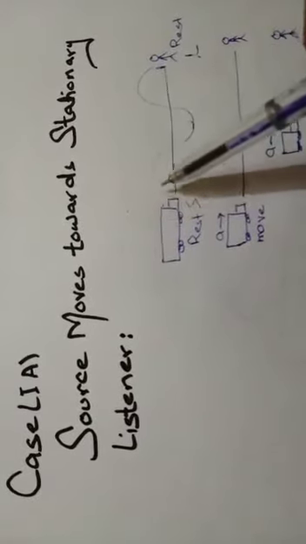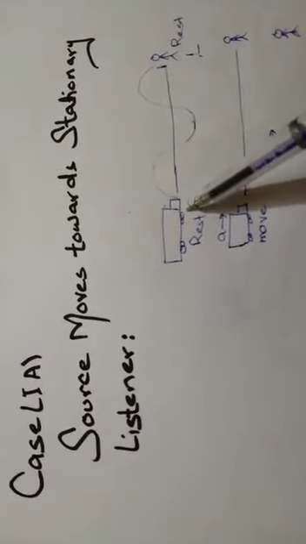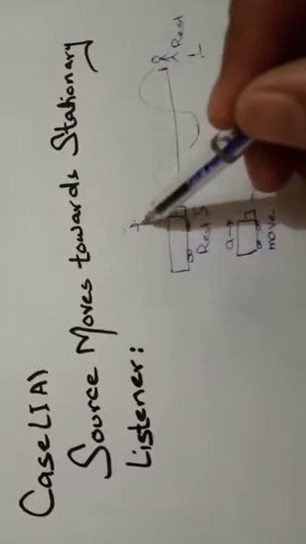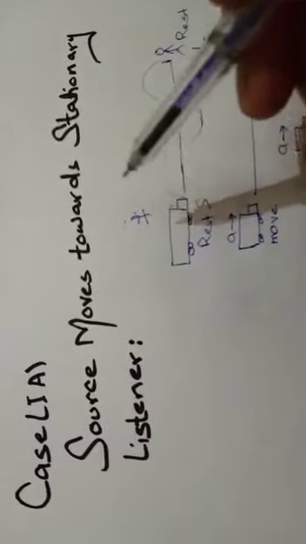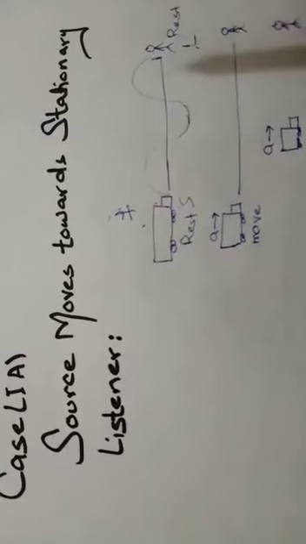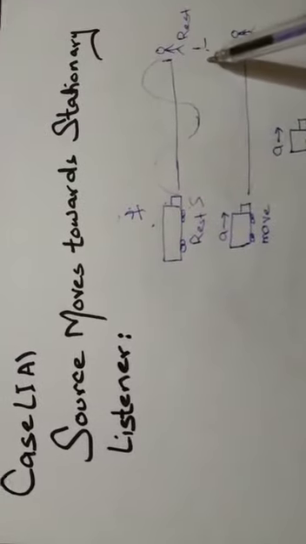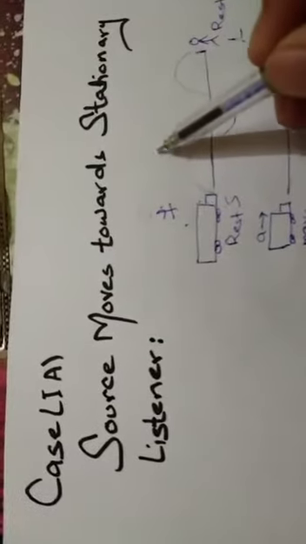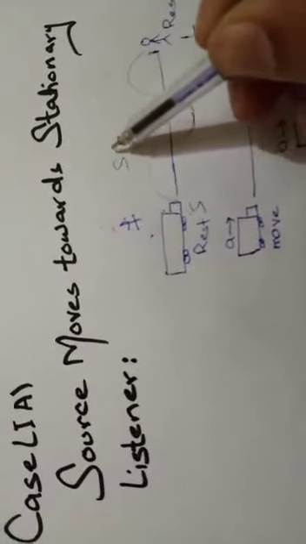The number of waves generated by this sounding source in 1 second is the frequency of the sounding source, denoted by small f.